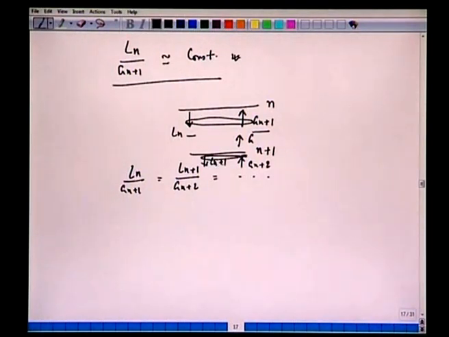So this ratio is also constant here. In other words, we have these conditions: the ratio of liquid and vapor is constant, number 1.